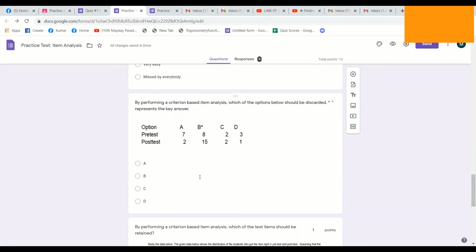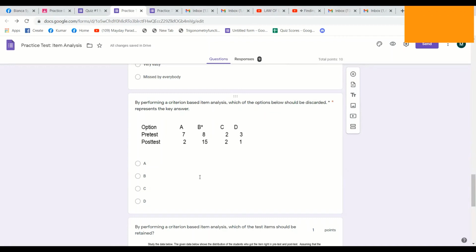an option is a good option for a criterion-based item analysis if there is a decrease in those non-correct answers. For letter A, since we see a decrease, that is a good option.